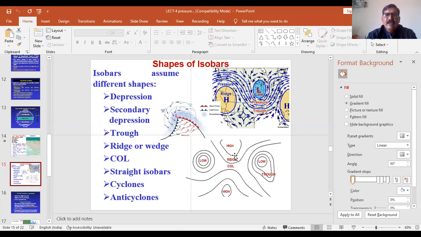In between, Nagpur is there in the centre, from Jharkhand to a place like Aurangabad or Raipur. Just consider for the example that Raipur is here. So here the pressure is high, here it is high, and this side is low and this side is low.